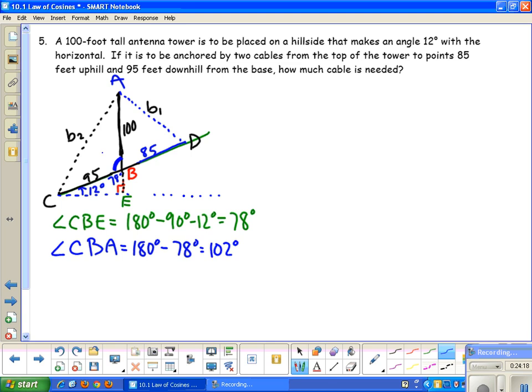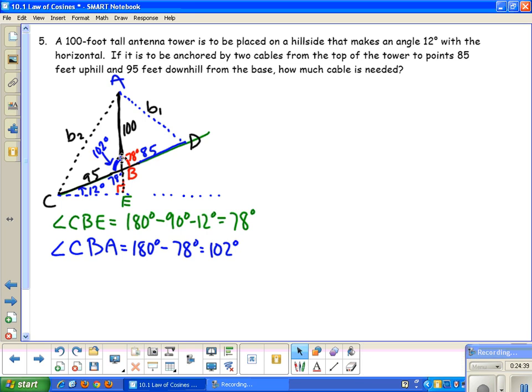So I know that this angle measure right here is 102 degrees. And again, by the supplementary angles, by subtracting 180 minus 102, I know that this angle measure is going to then be 78 degrees right there. So now I have all the information I need in order to solve for B1 and B2.